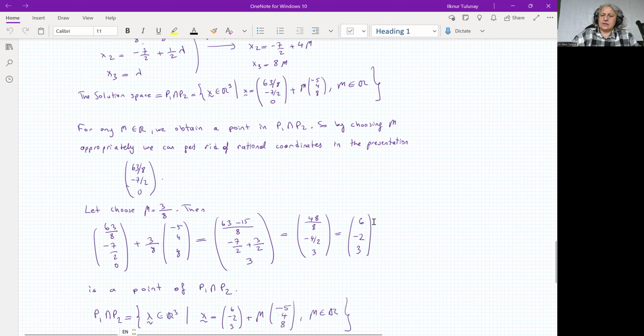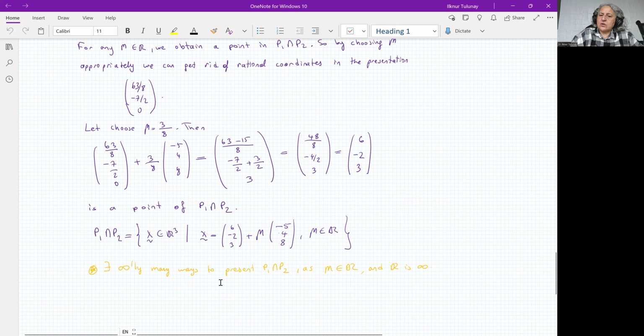So P1 and P2 intersect on the line given by this parametric equation. There are infinitely many solutions. There are infinitely many presentations for this because mu runs through every real number, and the real numbers are infinite.